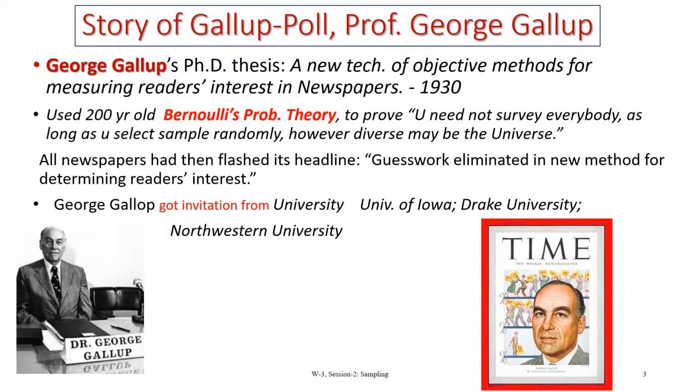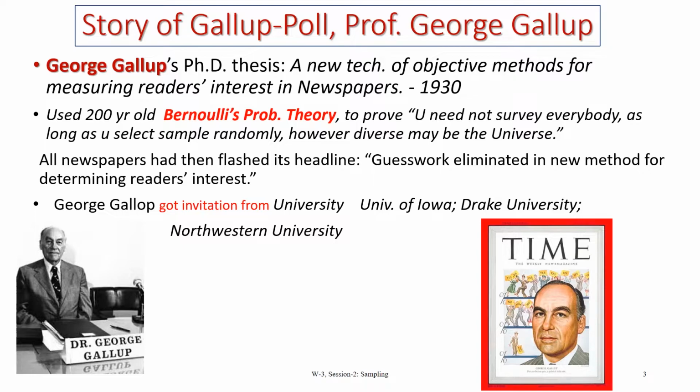George Gallup was one of the pioneer researchers whose doctoral research was on objective methods for measuring readers' interest in the newspaper, and it was published in 1930. He used an old theory, a 200-year-old theory, Bernoulli probability theory.